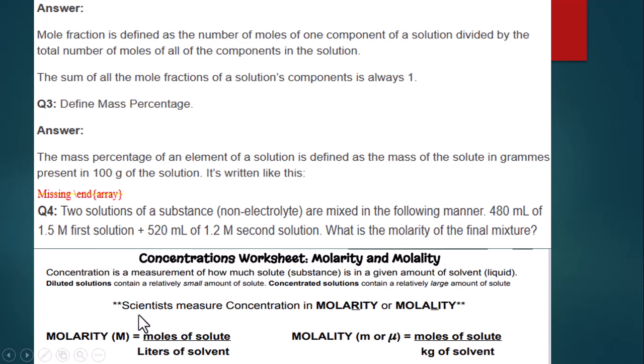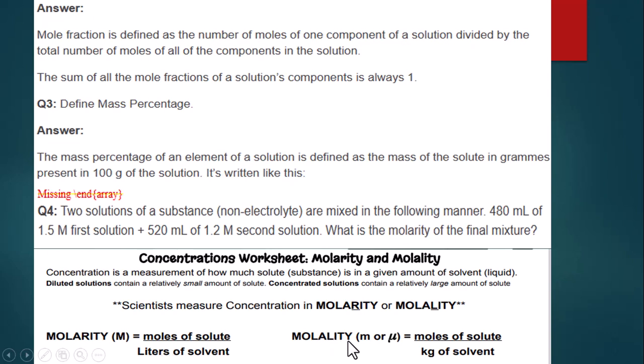So scientists measure concentration in molarity. Molarity is the number of moles of the solute divided by the liters of the solvent. So it has to be in liters.